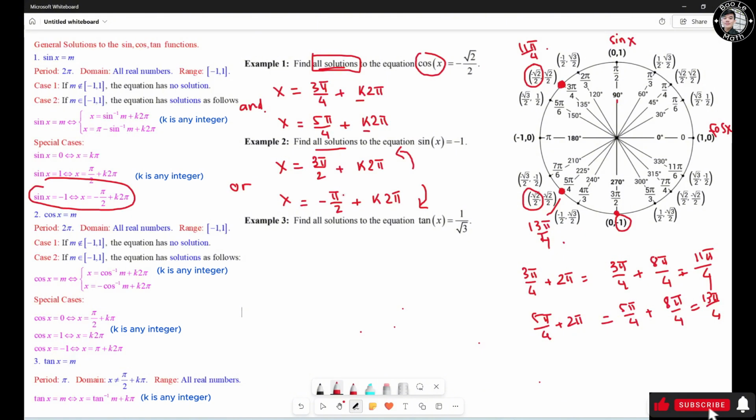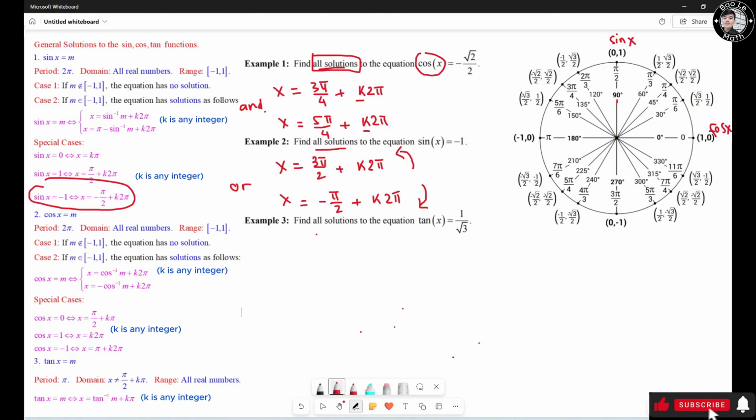So either way works. Now example number 3, find all solutions to the equation tangent s equals 1 over root 3, right? You just rationalize this one. It's going to be root 3 over 3. Now, you know that tangent s equals sine s over cosine s, which is y over x.